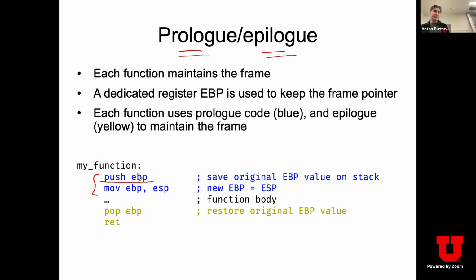It pushes the old value of the EBP on a stack, making sure that you save the location of the previous frame and can later restore it. And then it reinitializes EBP with the current value of ESP, right? So ESP goes into the EBP, right? So the current value of the stack pointer becomes the new value of the frame, right?